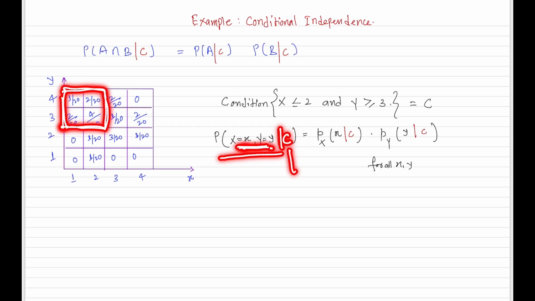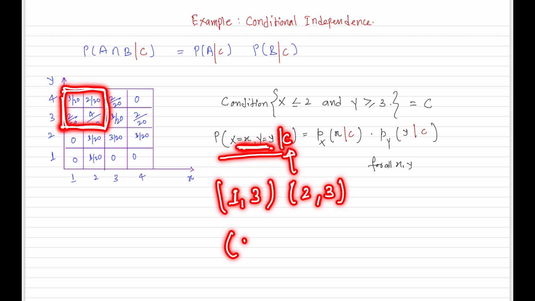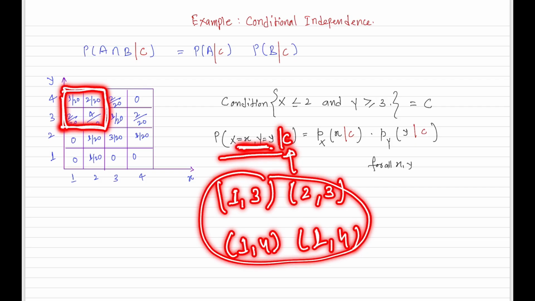Under this condition, the possible values are 1 comma 3, 2 comma 3, 1 comma 4 and 2 comma 4. So these are the possible values under this condition C.